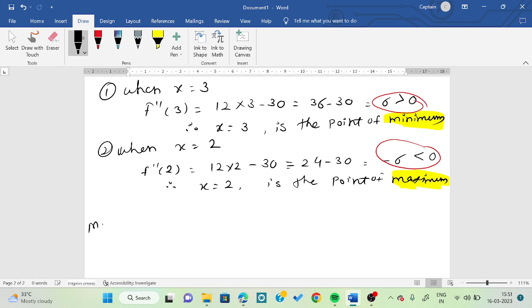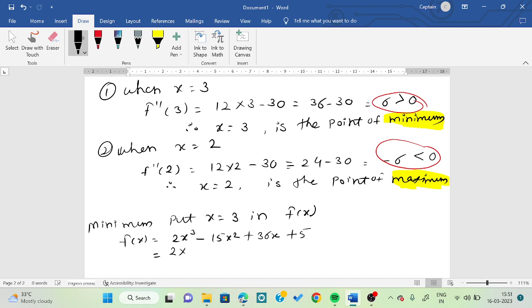If I am going for a minimum, I will put x is equal to 3 in f. What I'm talking about is f. Now what is f? f is nothing but 2x cube minus 15x square plus 36x plus 5, and I need to put 3 in this.